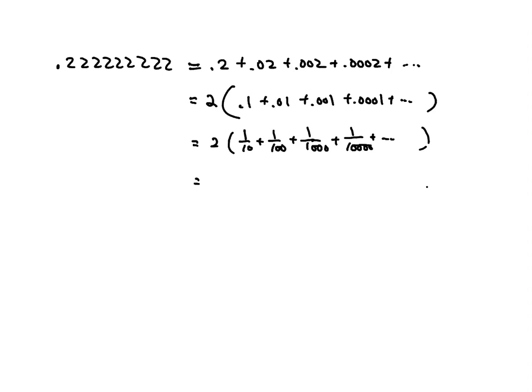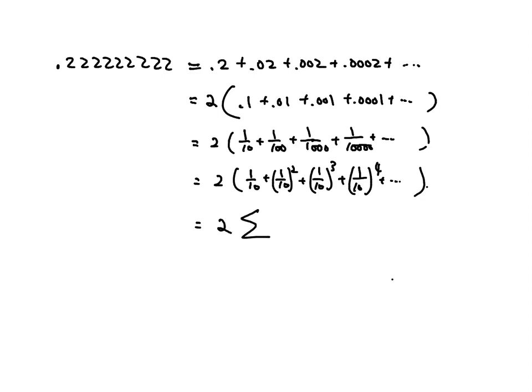And this is the same as 2 times 1 over 10 plus 1 over 10 squared plus 1 over 10 cubed plus 1 over 10 to the 4th, and so on. So this right here becomes an infinite series. This is the sum from n equals 1 to infinity of 1/10 to the nth power.